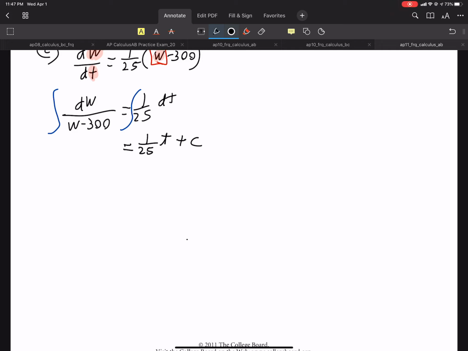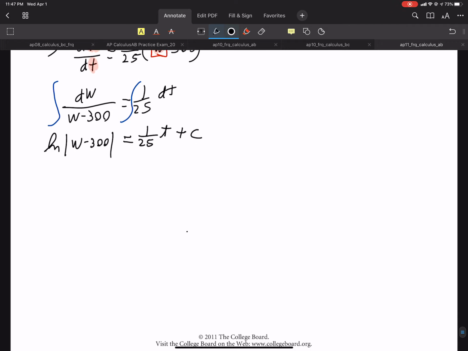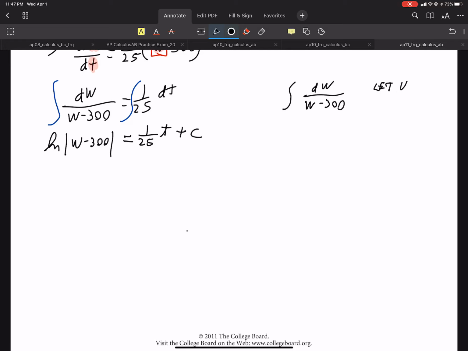Now the left side, it is ln absolute w minus 300. Be careful, because technically you're doing a u sub. You are letting u be w minus 300.